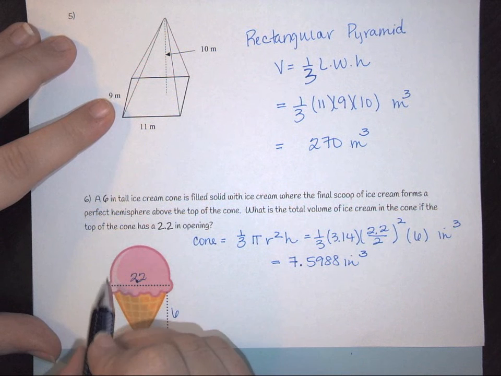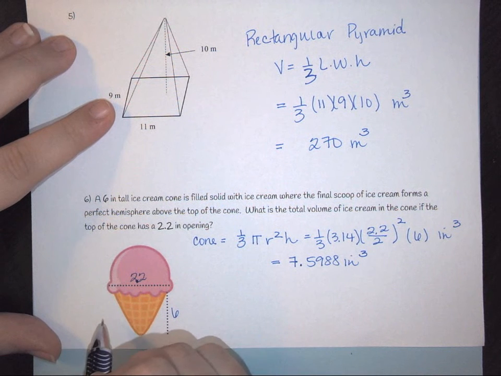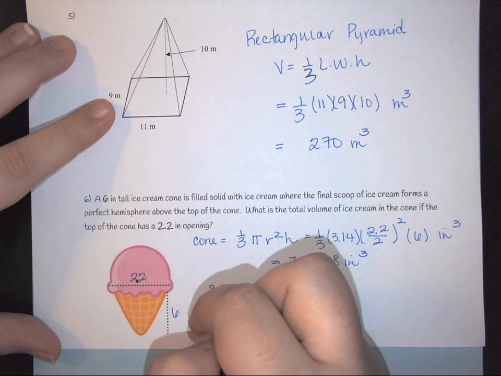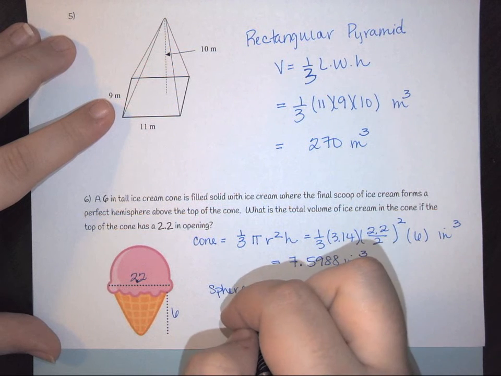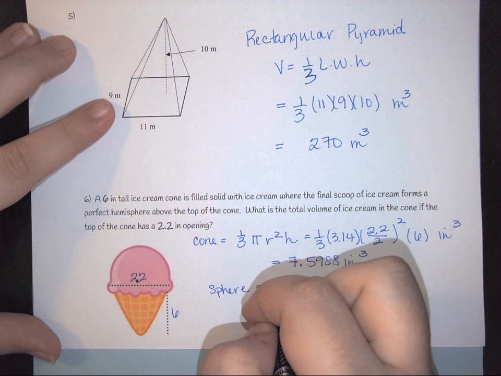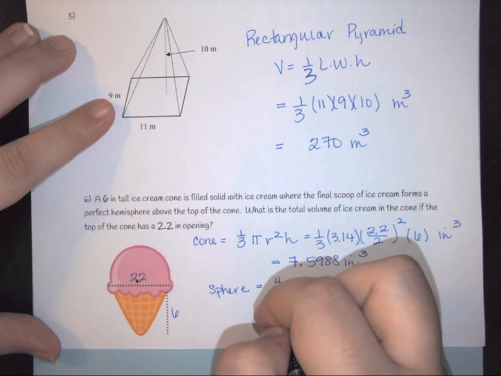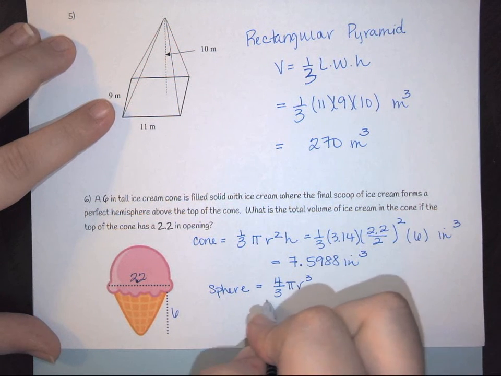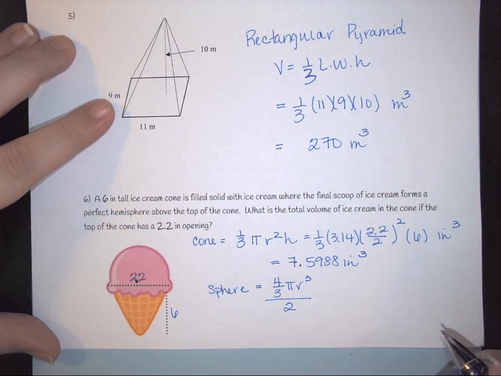Now that doesn't mean you've finished, because we still have to take a look at this ice cream part on top. A hemisphere is half of a sphere. So we need to take our sphere and divide it in 2. So to find a sphere, we've got 4/3 pi r cubed, and whatever we calculate there, we've got to divide that whole thing by 2.